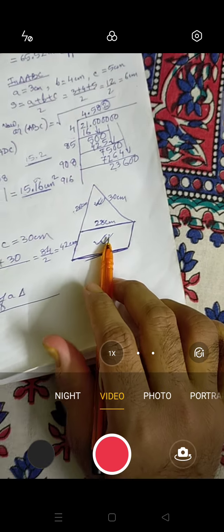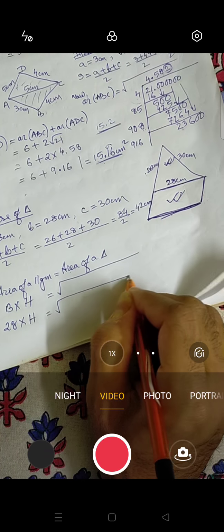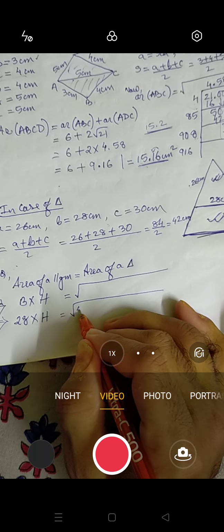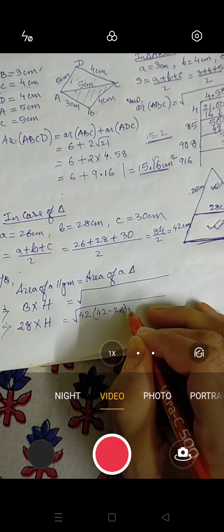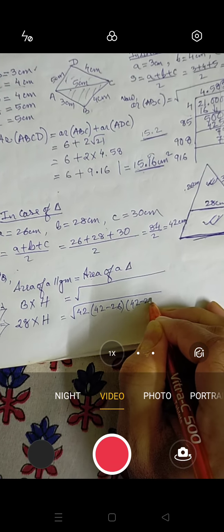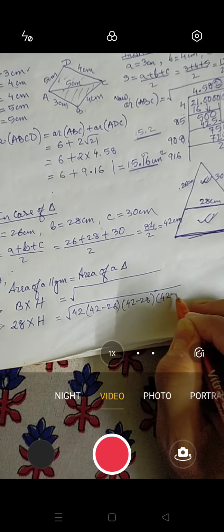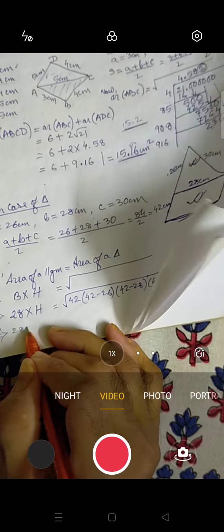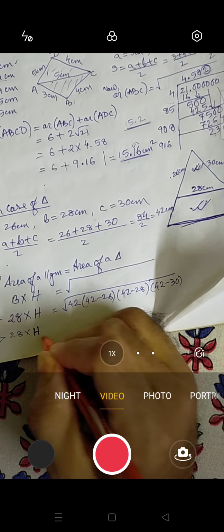But we don't know the height of the parallelogram, so we'll take H. Now here S is 42, so we'll write root over 42 into (42 minus 26) into (42 minus 28) into (42 minus 30). Then we write 28 into H equals.